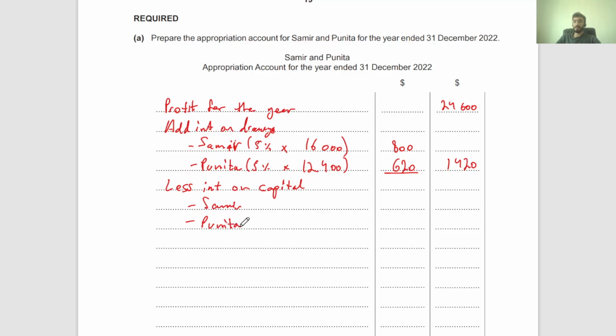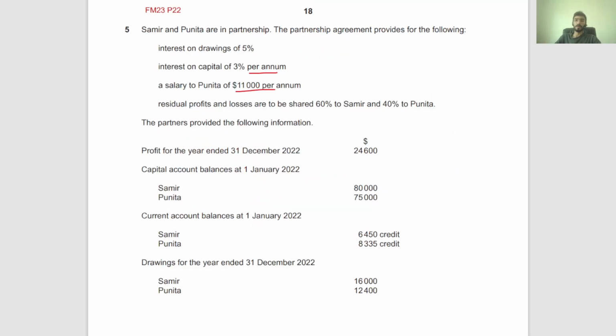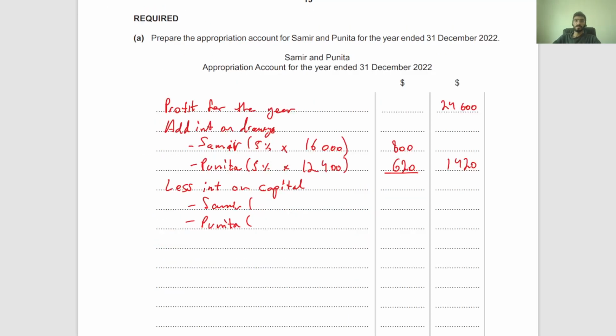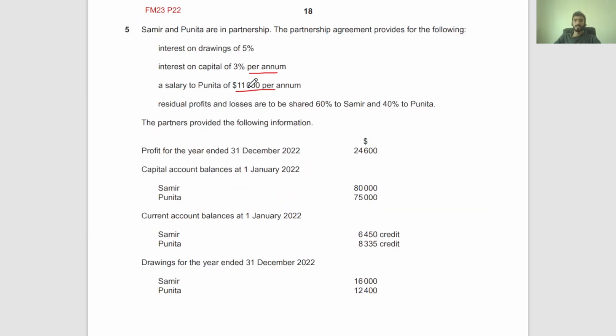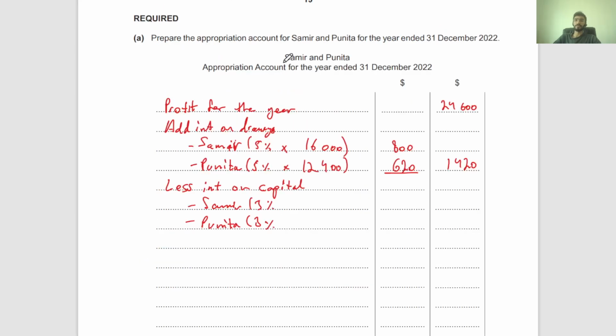And don't write it like me, because that's not a good handwriting. I just do it because the board I'm writing on is slightly slippery. Like there's no friction, and so my handwriting is pretty messed up. Okay. 3%, Samir 80,000, Punita 75,000.